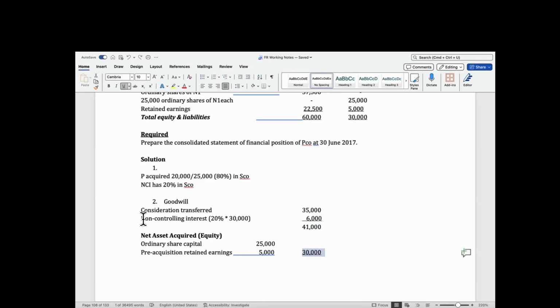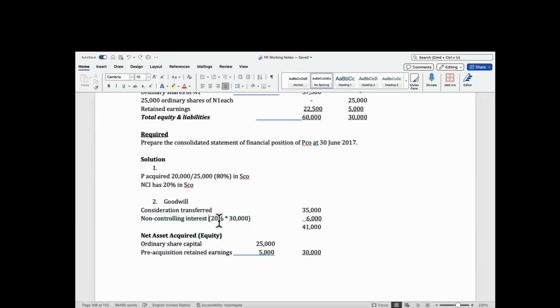So I determine my NCI, which is 20% times the net assets of the subsidiary or the equity of the subsidiary. Therefore, before I can determine this, I would always need to do this first. So this is what we call measuring the NCI at proportionate share of the net assets of the subsidiary.